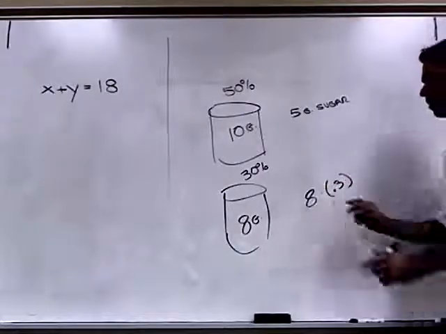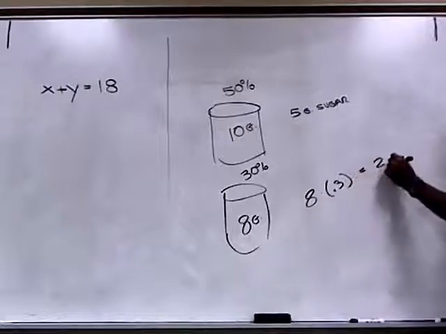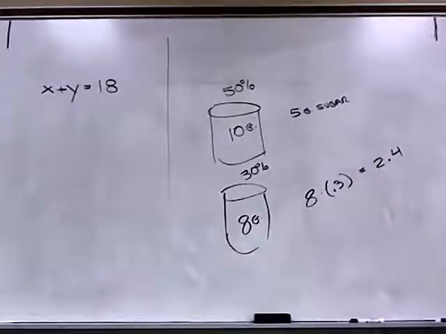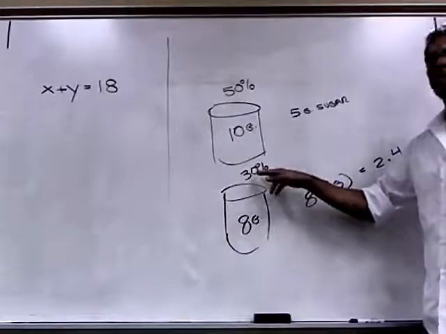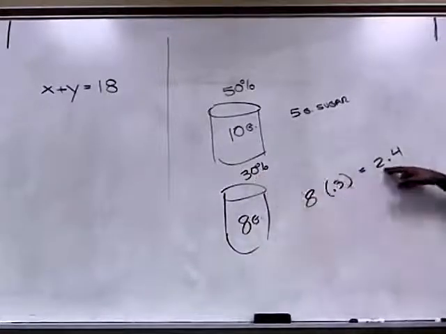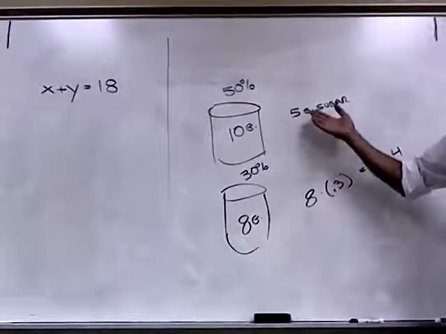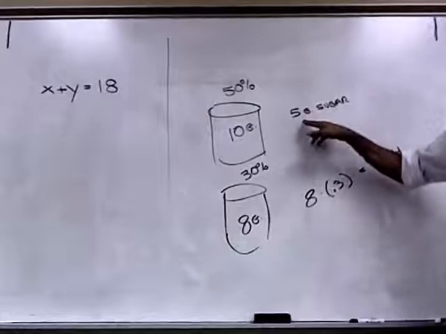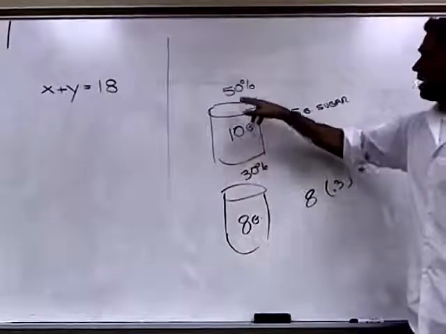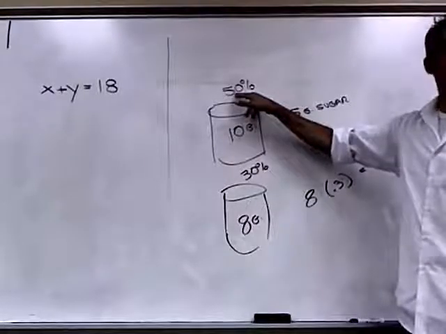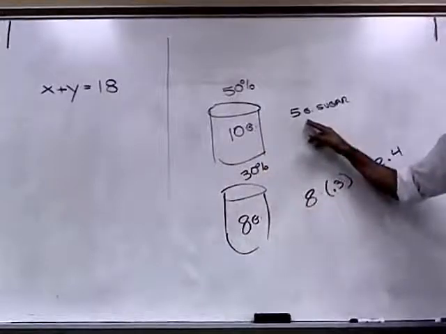What's 8 times 0.3? 2.4? So if you have 8 gallons of something and 30% of it's sugar, that means you have 2.4 gallons of sugar. You did the same thing here, probably mentally: 10 times 0.5 is 5.